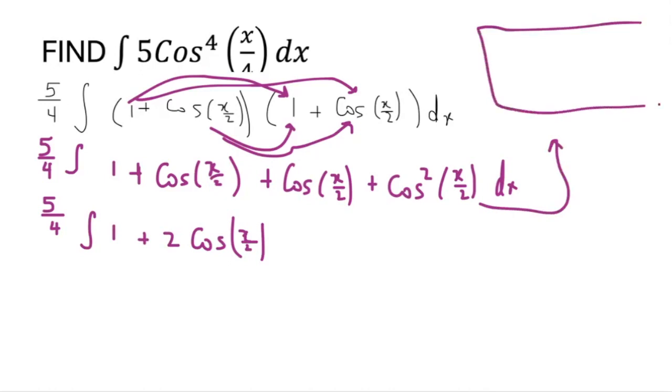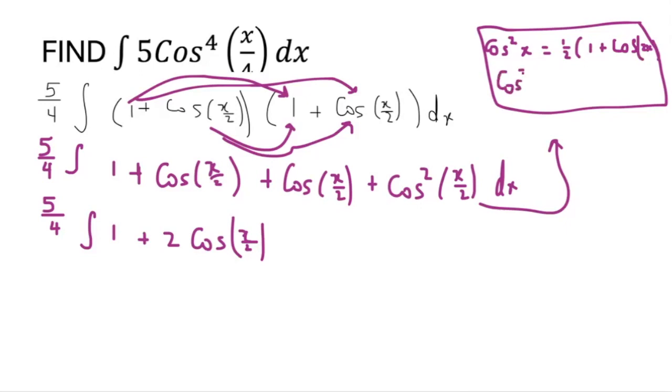Now, the cos square x over 2, I have to apply the identity again to get rid of the square. So the identity is cos square x is equal to a half, open bracket 1 plus cos 2x. So in this case, we have cos square x over 2. So we're going to apply the identity to this.